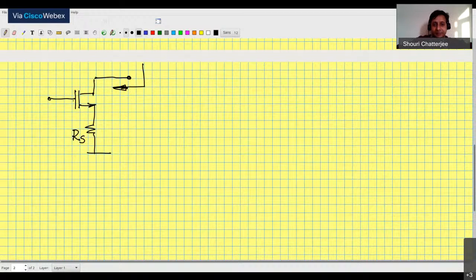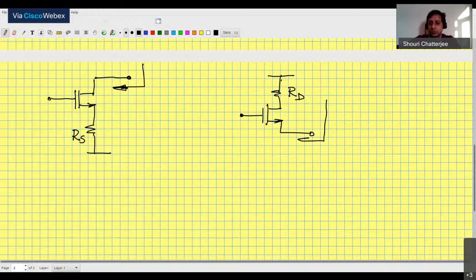So one is this and the other is this. There are two formulae.